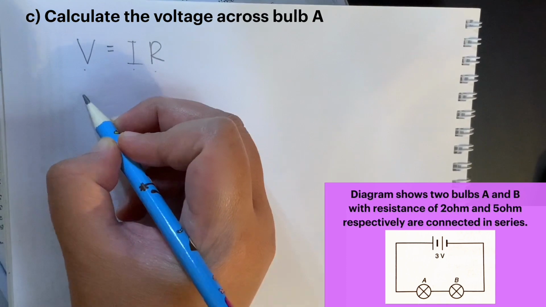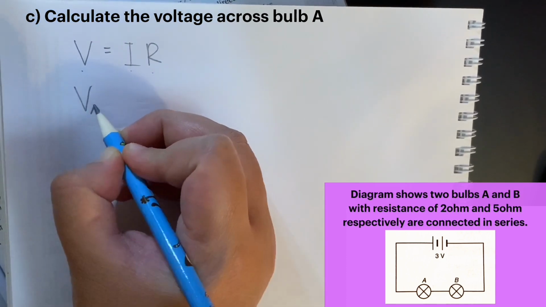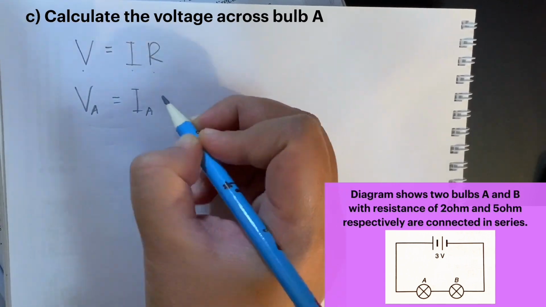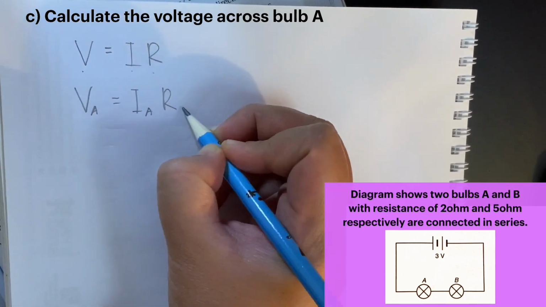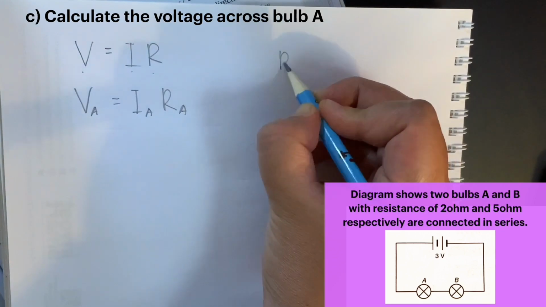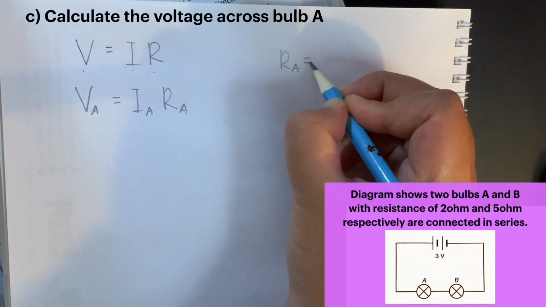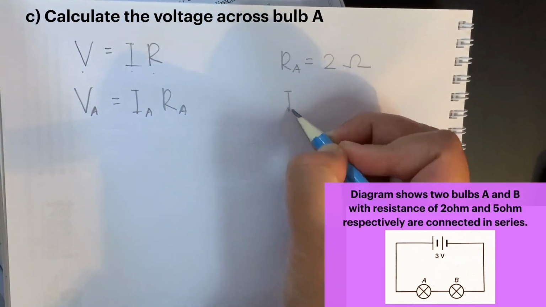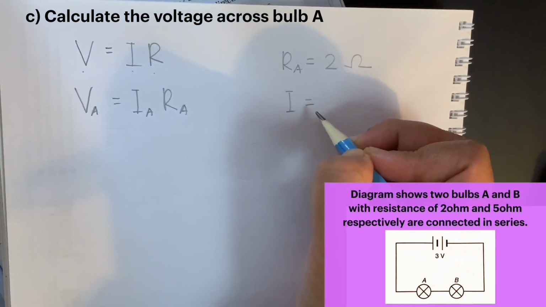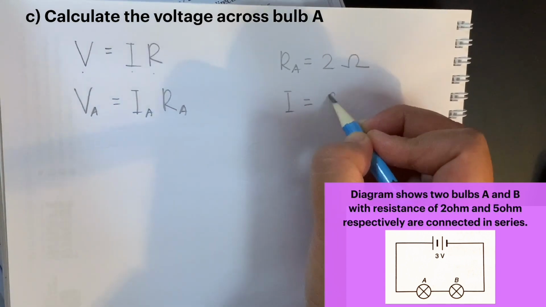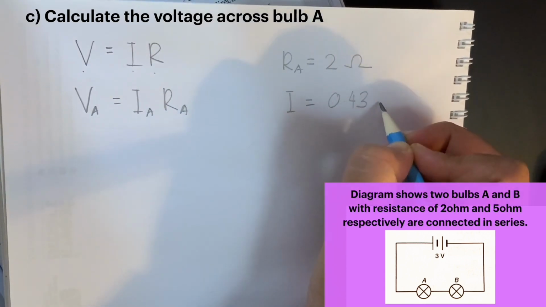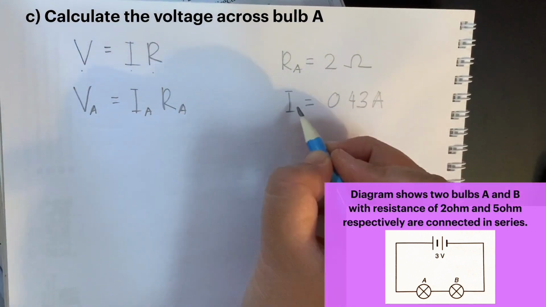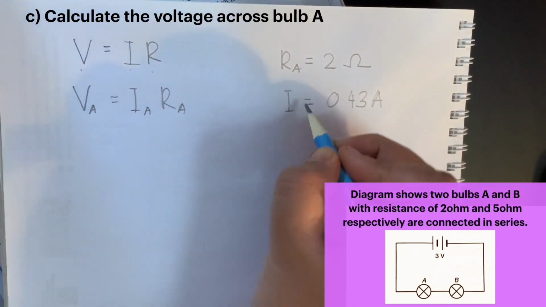The voltage flow in bulb A is equal to current flowing in bulb A times resistance in bulb A. We know the value of resistance in bulb A as 2 ohms, and the current calculated from the second question was 0.43 ampere. We just substitute the value I and R.